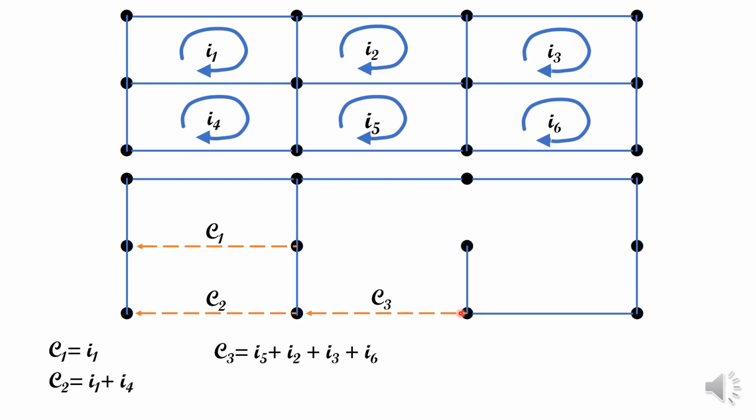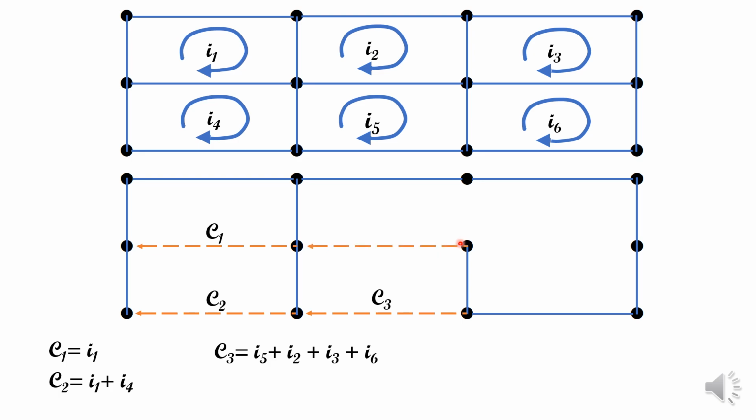So this cycle C3 is equal to I1 plus I2 plus I3 plus I6, because this cycle will enclose all of these regions. So it's the sum of these loop currents.